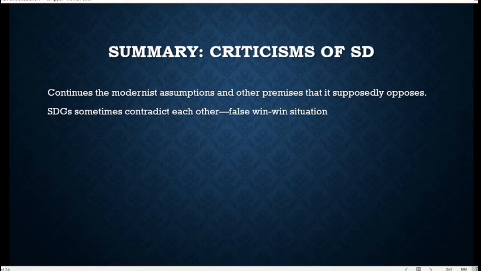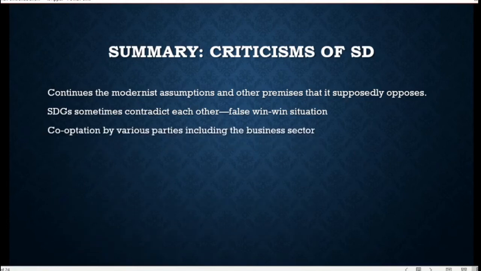And this is not helpful because what you achieve in one goal can deteriorate another goal. And also, because sustainable development is such a vague concept, it has been co-opted by various parties, including the business sector. The business sector now uses the term sustainability in their reports to indicate how they can continue to run their business into the future.